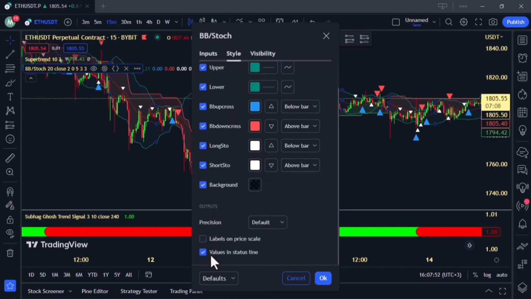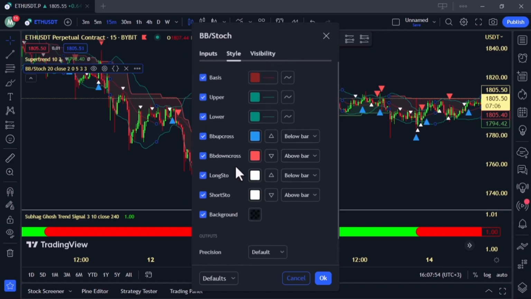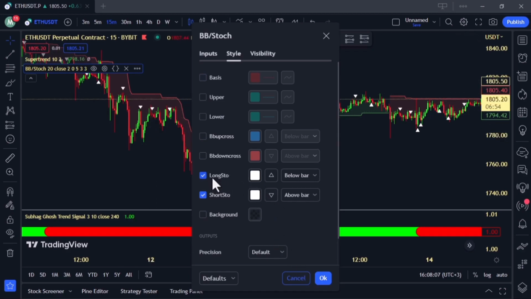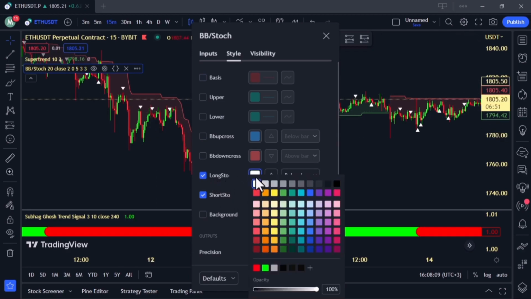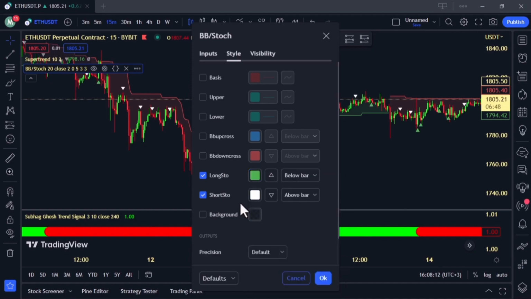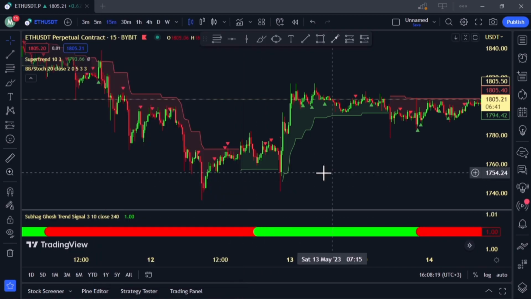I go to the style tab and I'm going to remove everything, leaving only the buy, let's say long and short signals. I can change the color. For example, for buy, I can put it on green, and for short, I can put it on red, just like that.